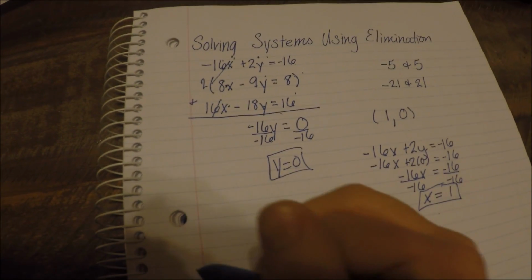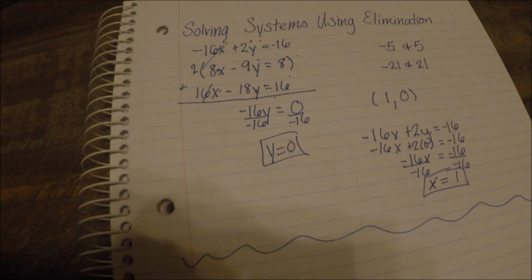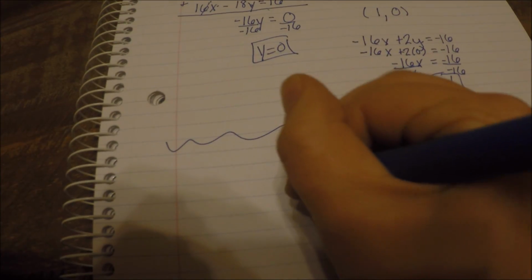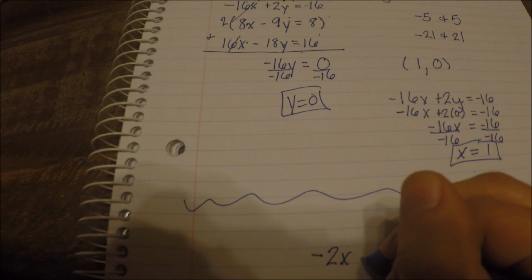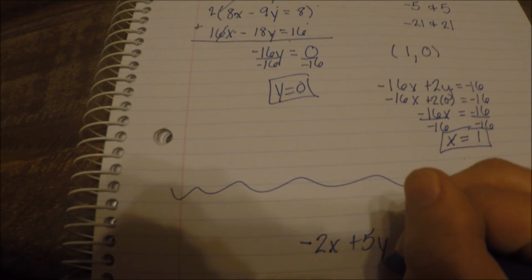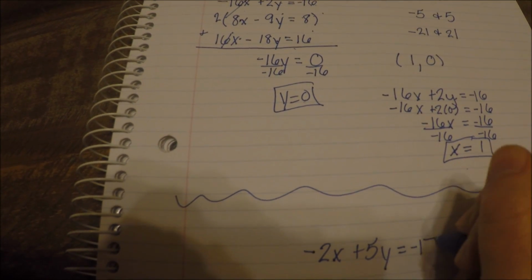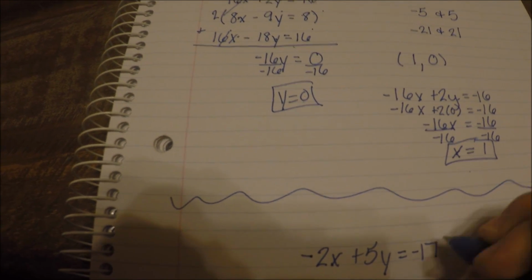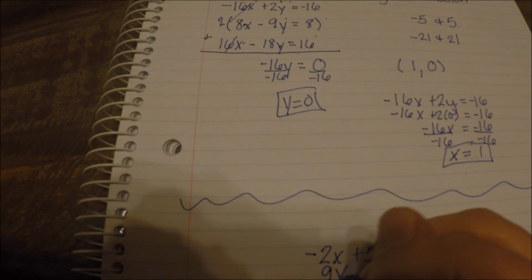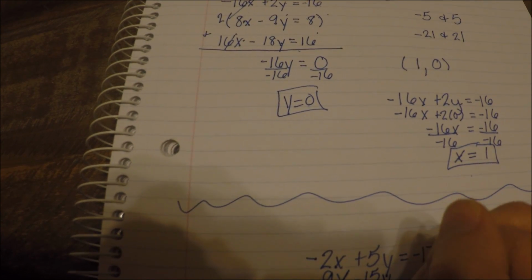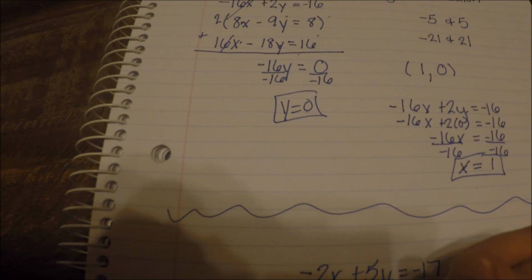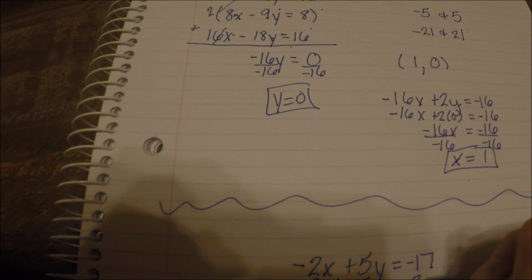All right, now that we've had some practice, I want you to try to solve this next one. Negative 2x plus 5y equals negative 17. And 9x minus 15y equals 24.